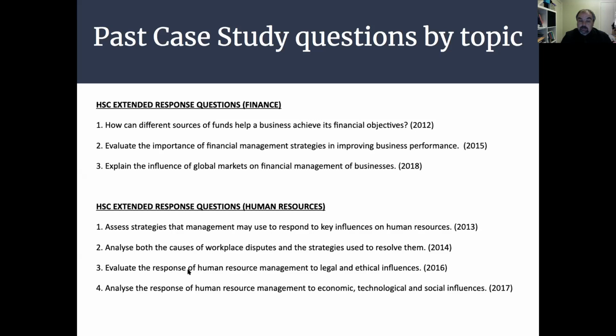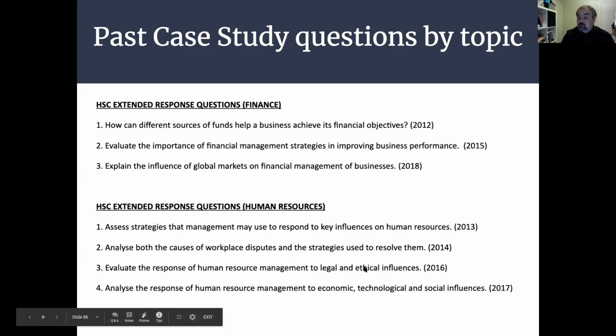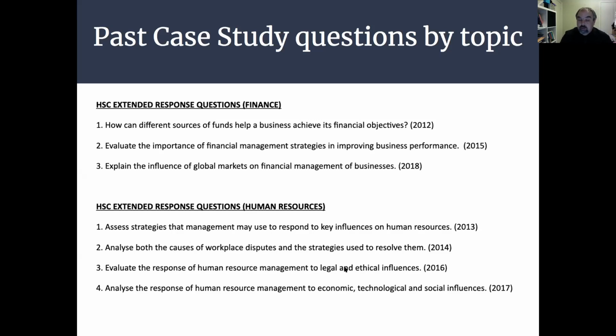In 2016, the response of management. So again, what's human management? Again, probably strategy. So how has HR management responded to these issues? So that's things like putting in place the processes around those influences legally in terms of workers' comp and abiding by legislation and the ethical issues there.